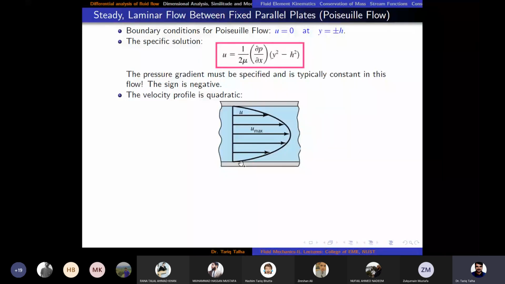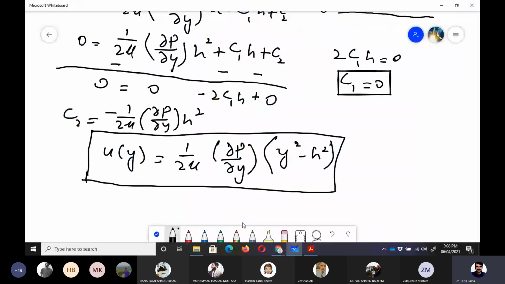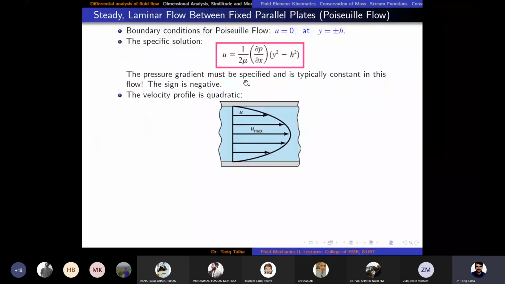Now one thing that we need to determine is the volume flow rate. If you remember from your thermodynamics knowledge, Q is equal to AV, where V is the mean velocity. But in this case the velocity is not a mean velocity, it changes with the y location. So we need to integrate from this point to this point.